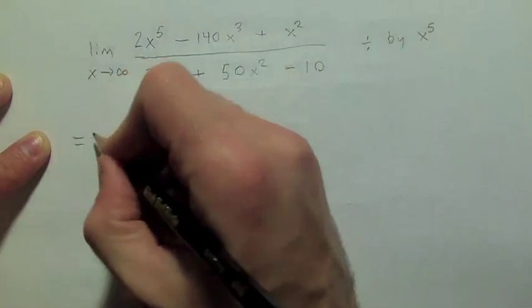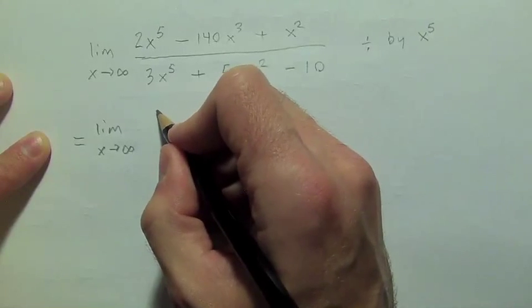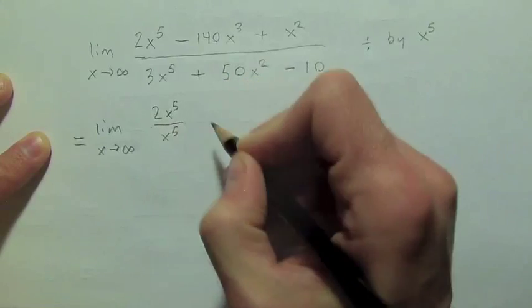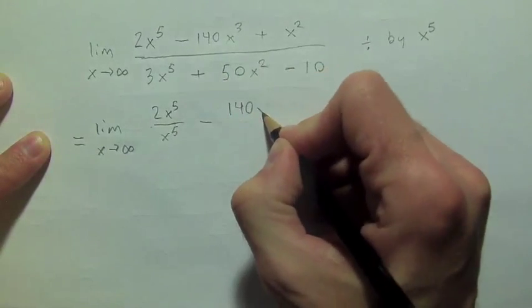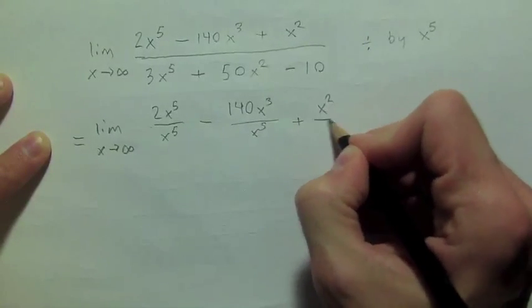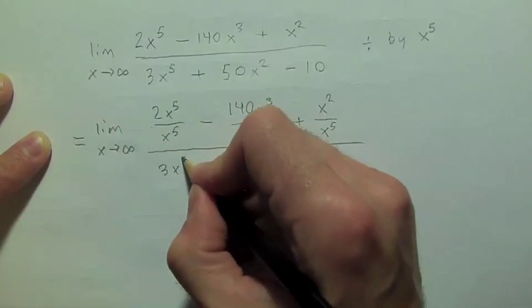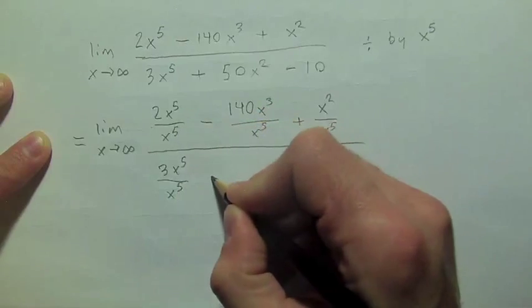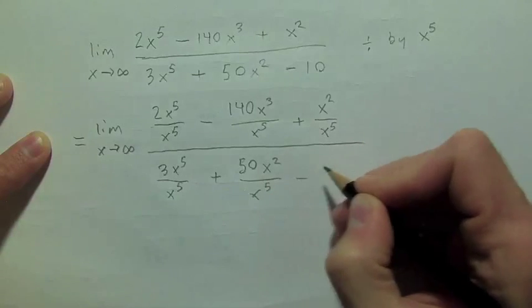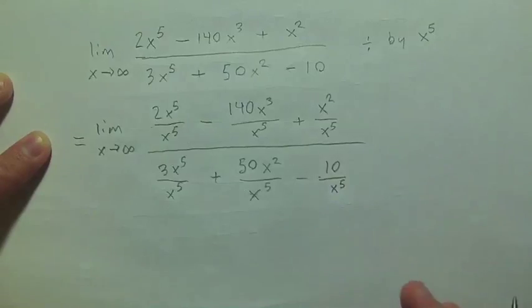So we'll get the limit as x goes to infinity of 2x to the 5th over x to the 5th minus 140x cubed over x to the 5th plus x squared over x to the 5th, all over 3x to the 5th over x to the 5th plus 50x squared over x to the 5th minus 10 over x to the 5th.